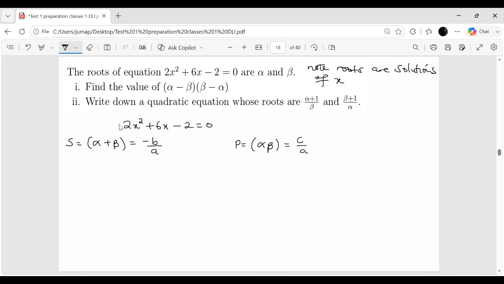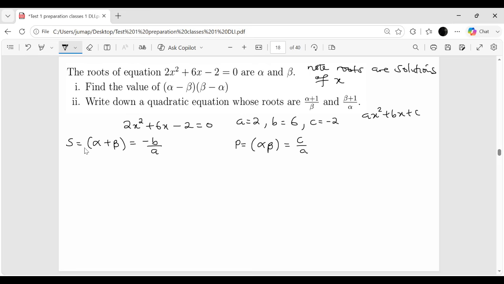You have been given this quadratic equation, and the quadratic equation is usually ax squared plus bx plus c. So a is the one that has the x squared. This tells us our a is 2, our b is 6, and our c is negative 2. Those things have been noted.